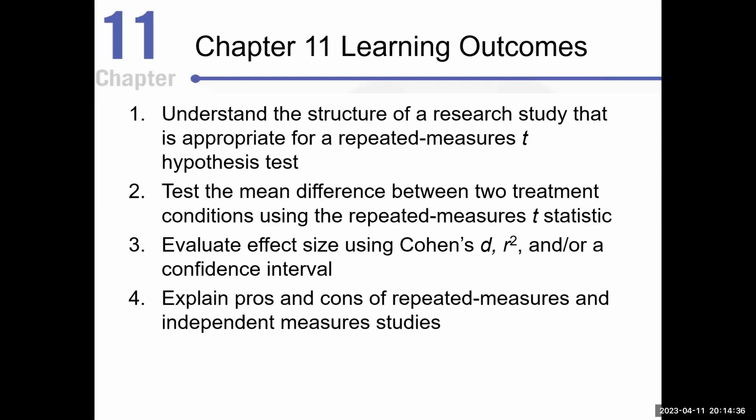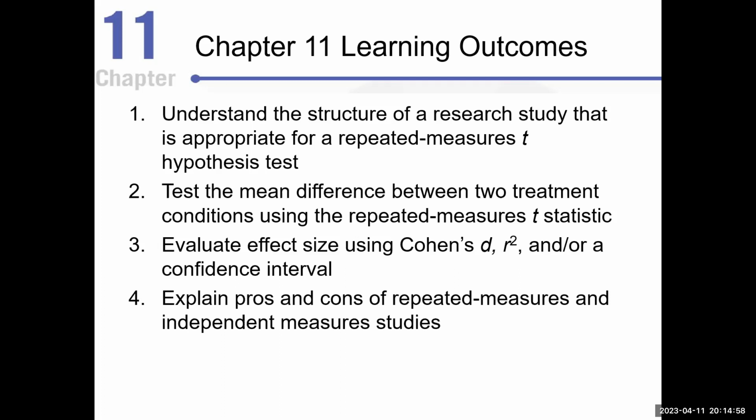Usually it's a before and an after. Say we have a group of individuals who are measured before a treatment or effect, and then they're measured again after an effect to see if there's any difference between their before scores and their after scores. We're looking at the effect that the intervention in the middle had.